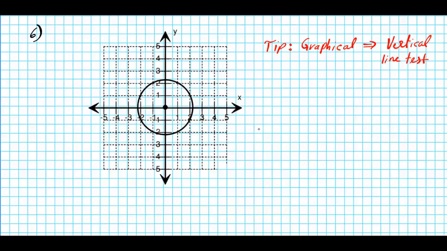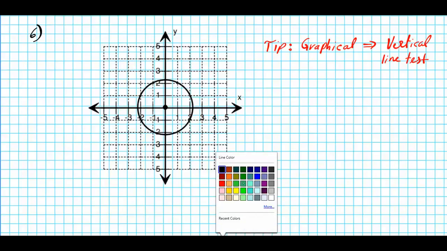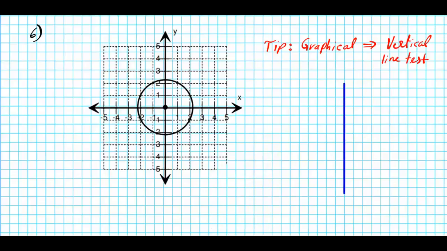Okay, remember your vertical line is an x equation. So when you run a vertical line across the entire domain of the graph, you're asking yourself, does it intersect at more than one point on the graph? If it does, what that means is basically that graph is assigning one input to more than one output.